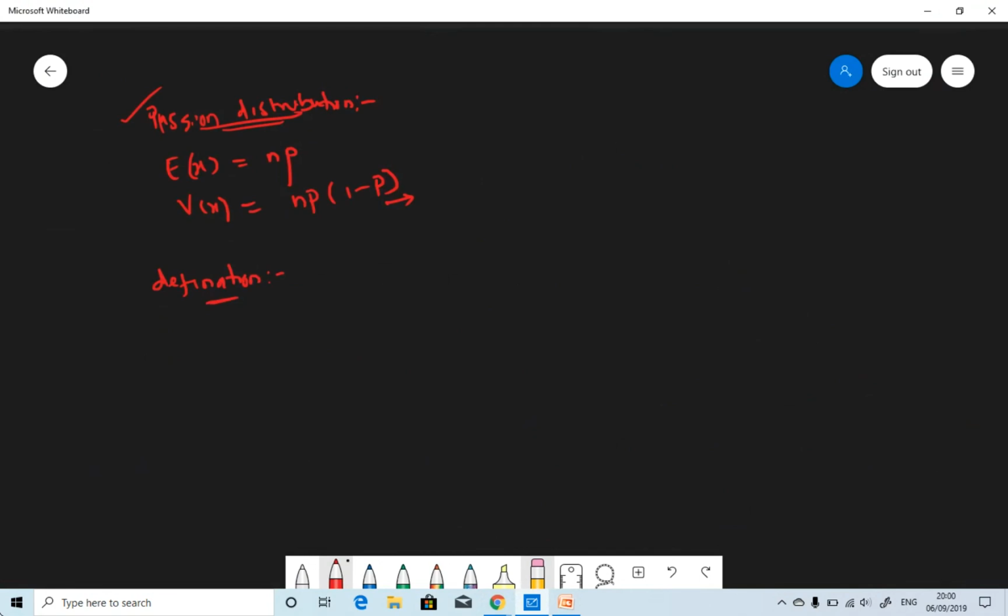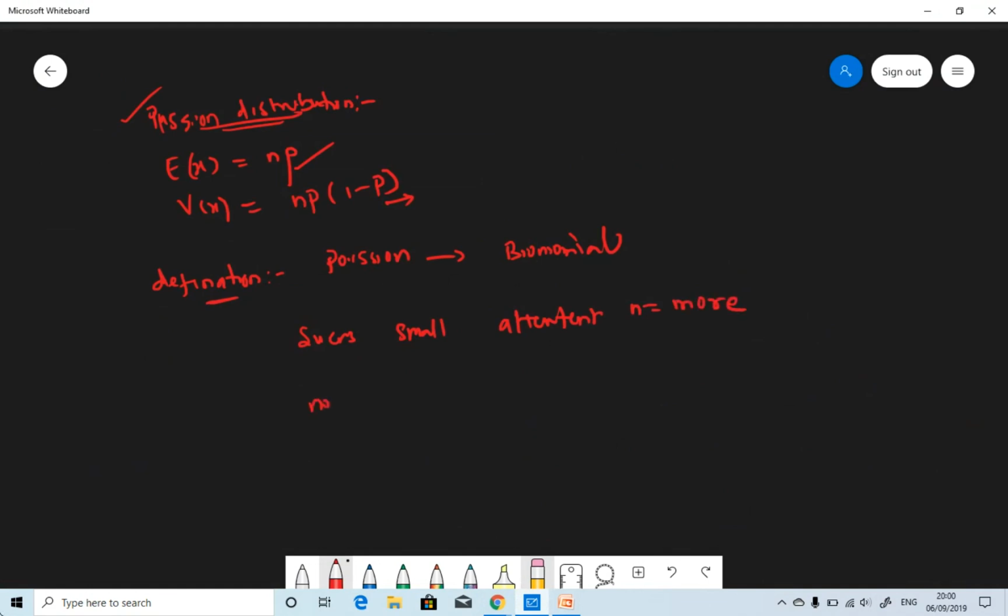It builds on the concept of binomial. Poisson is derived from binomial, right? In this formula np, the number of successes will be small and the attempts n should be more.